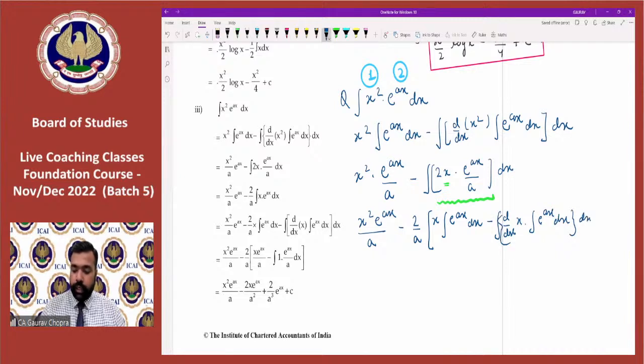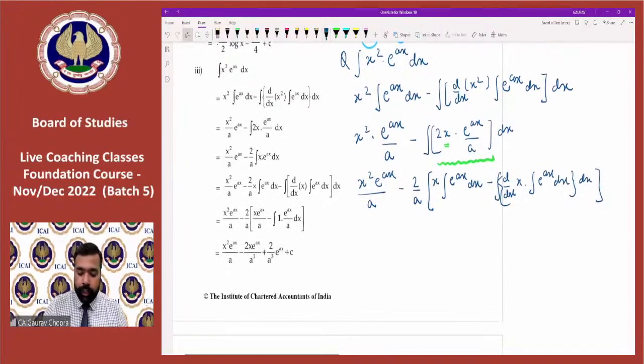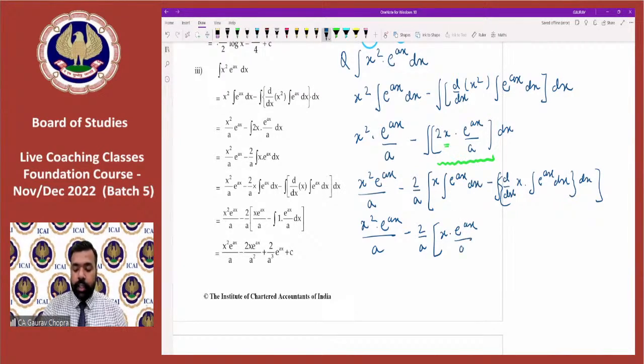And then dx. So again, simplifying these. So 2 by a is already common. X will remain as it is, e to the power of ax divided by a minus. Now this time differentiation of x is 1, e to the power of ax dx. This will become e to the power of ax upon a.